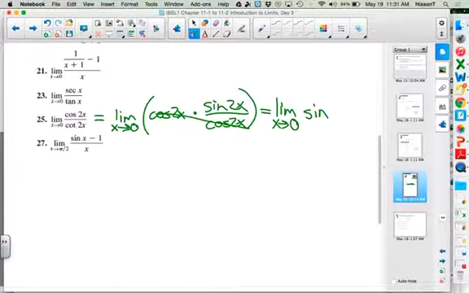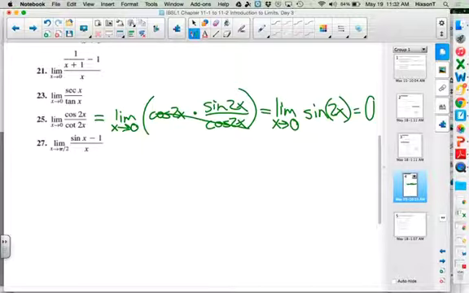Yes. So I can use direct substitution. What's the sine of 0? 0. Notice in this case it's not 1 over sine, it's just sine, so it will approach 0.